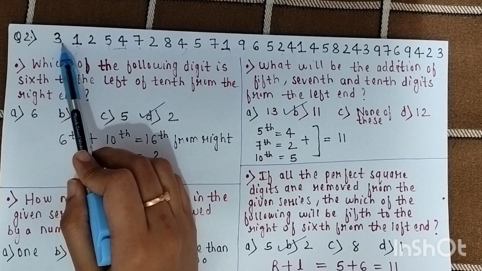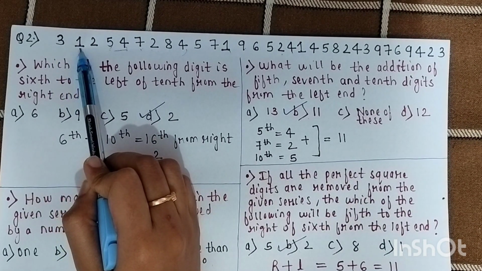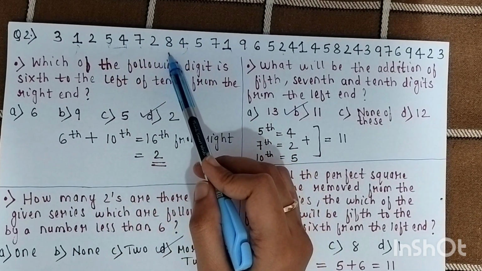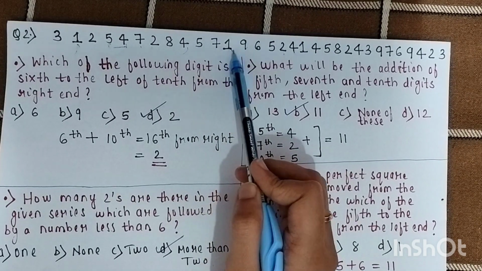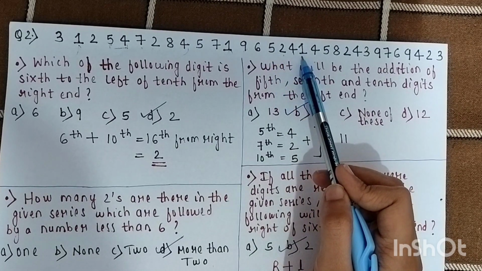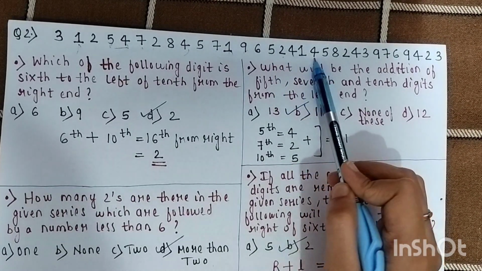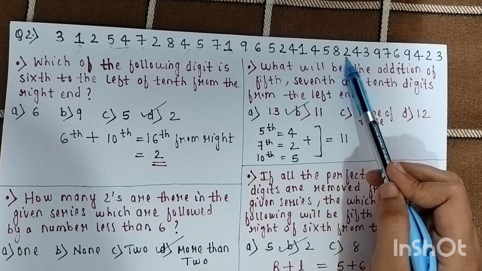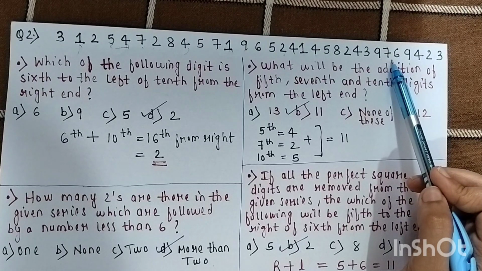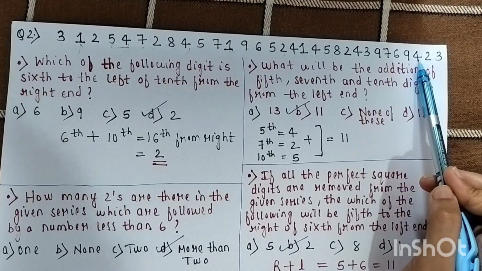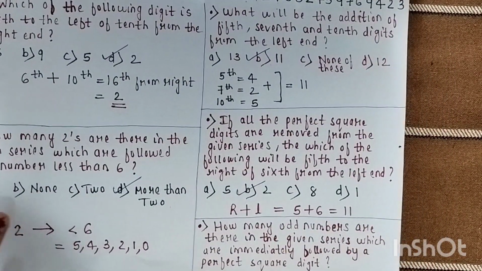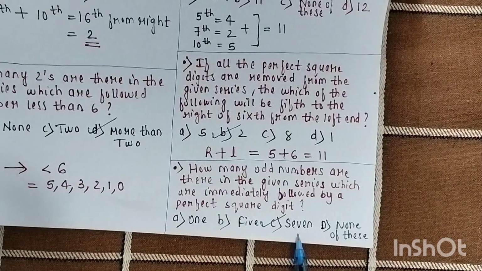So it will be 1, 2, then 3, 4, 5, 6, 7. So 7 is the correct option, that is C is the correct option.